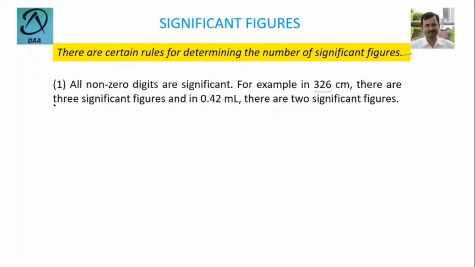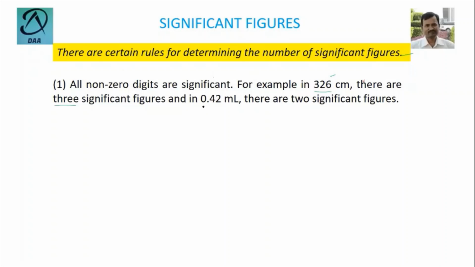What is this? These 3 digits are significant figures. It doesn't have any 0, as you understood. Maybe if a 0 is in between, suppose in place of 2 there is a 0, that also will be accounted as a significant figure.